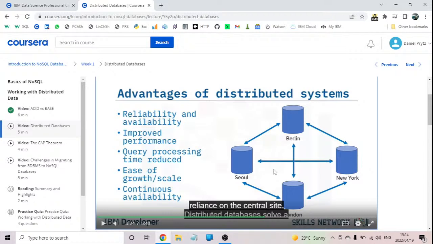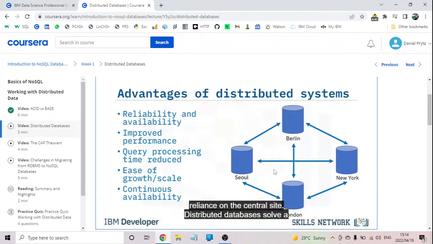Advantages of distributed systems. Okay, reliability and availability.